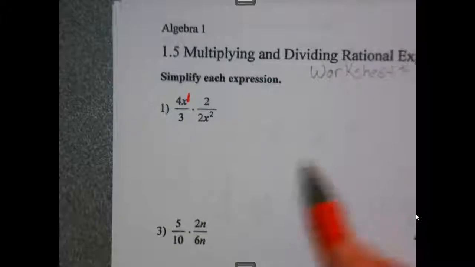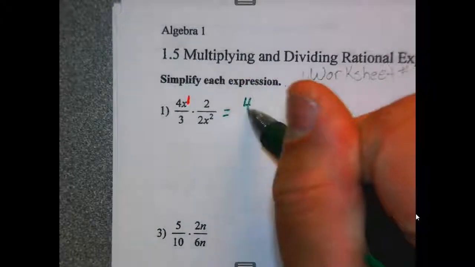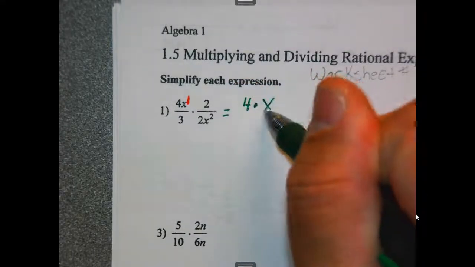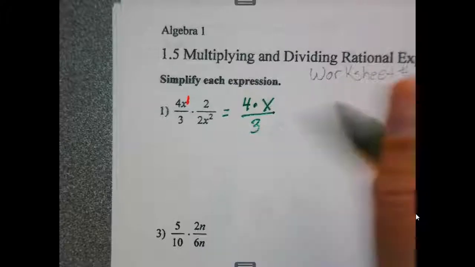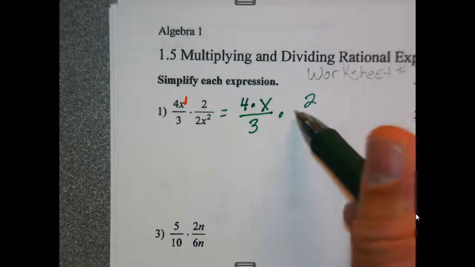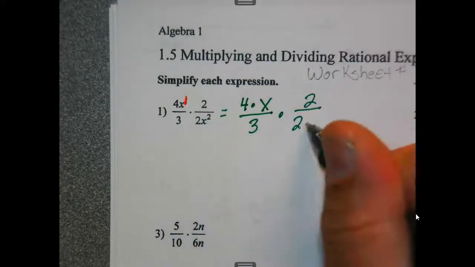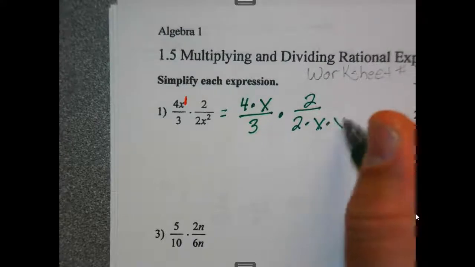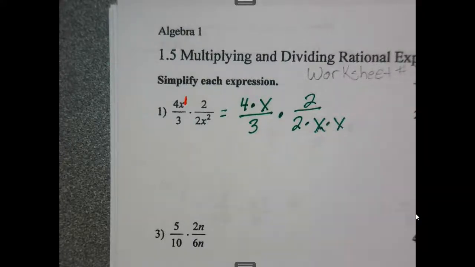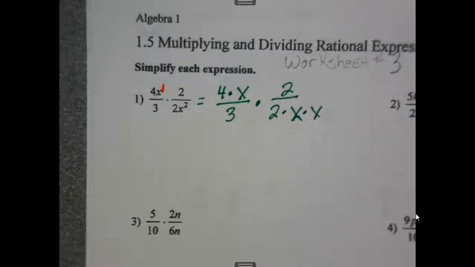Now, notice that I'm going to rewrite this to show you what's going on. So I have 4 times x over 3 times 2 over 2. Now this x squared is x times x. Okay, so that's what's really going on with x squared.